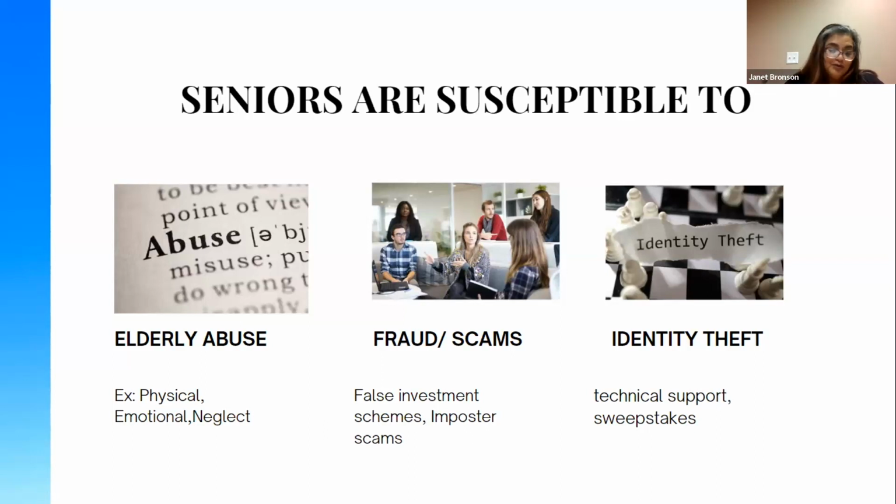There's physical abuse when a caregiver may get upset and they're hitting, slapping, locking them in the room, or causing any type of bodily harm. There's also emotional abuse when anyone is yelling and threatening, saying hurtful words, calling them names, threatening to keep them away from friends or family.